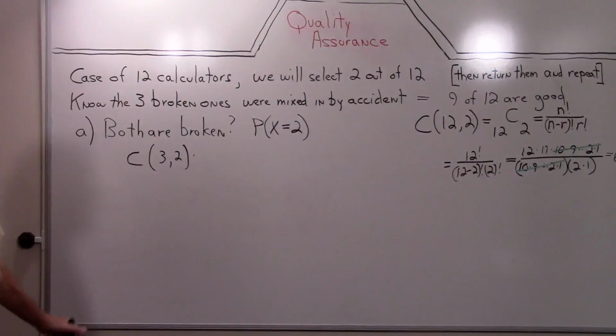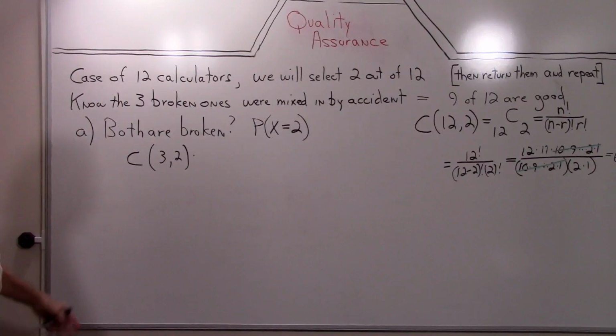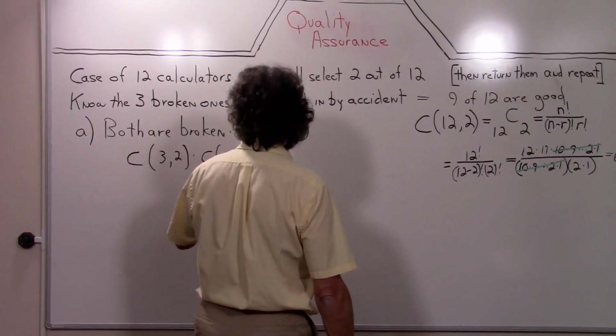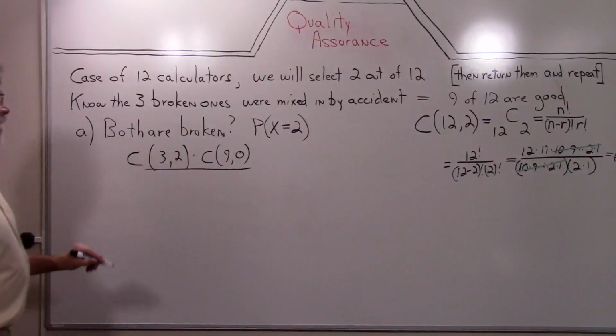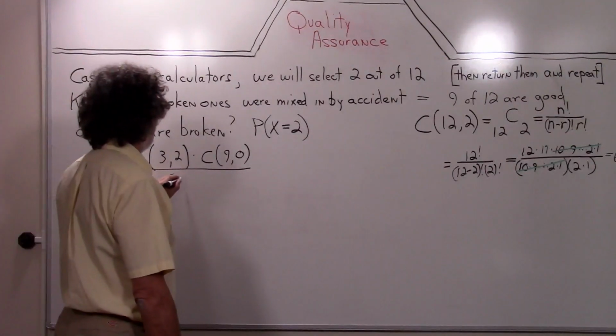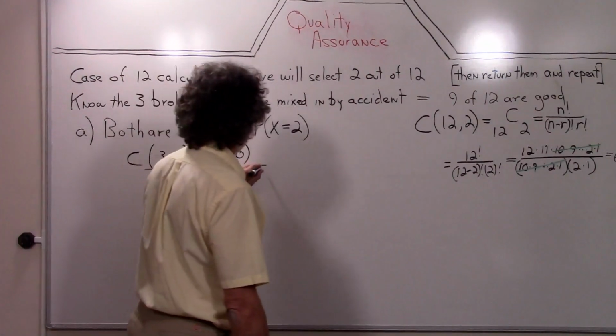Now, we have broken ones. We also have to select the good ones to make up the rest of the set of 2. Well, in this case, there's none. So this will be times the 9 good ones selected 0 at a time, divided by, from over there, combination 12, 2.